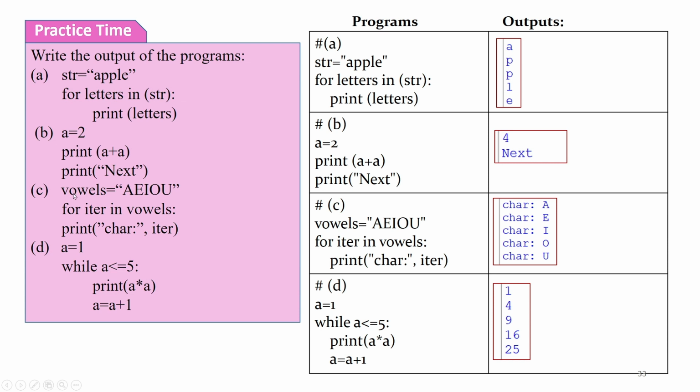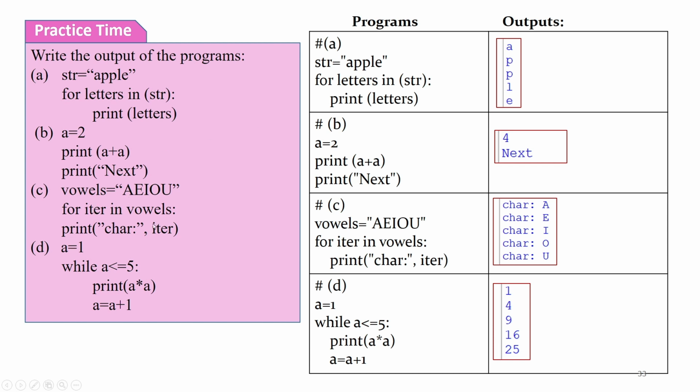Now in the third part, a e i o u will go into the variable vowels. For iter, a counter variable in vowels, print character, and iter. The values a e i o u will go one by one into the iter variable.